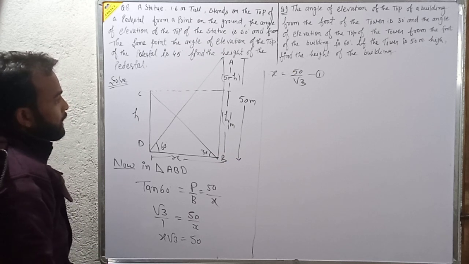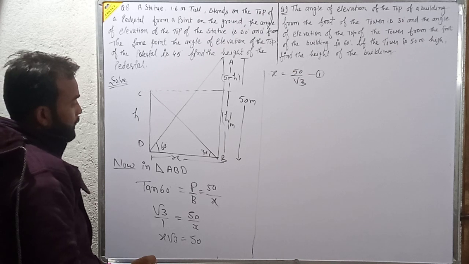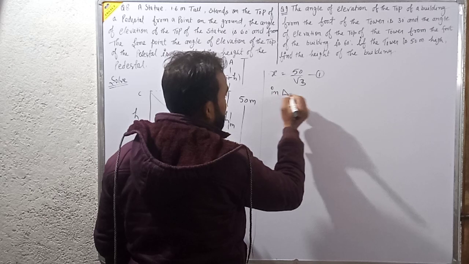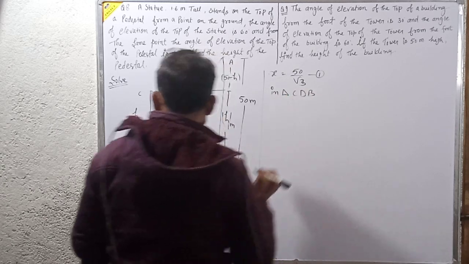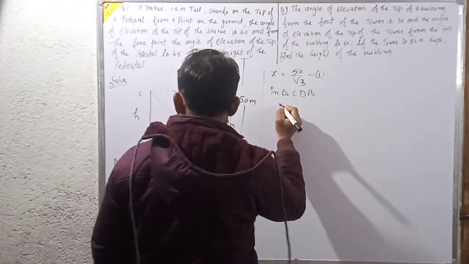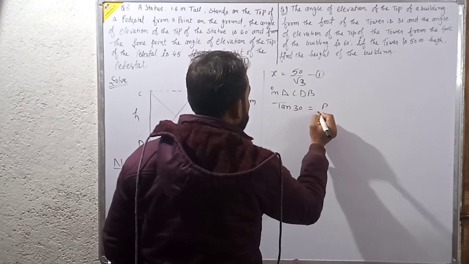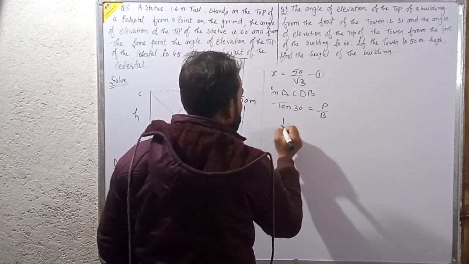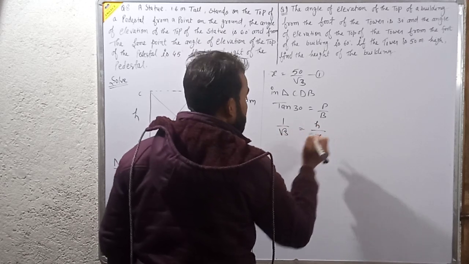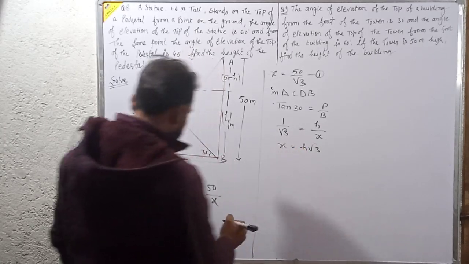Again, in a right angle triangle CDB, this will be 30 degree. Tan 30 degree is equal to P by B. Tan 30, that means 1 by root 3 is equal to P is H, B is X. X is equal to H root 3.